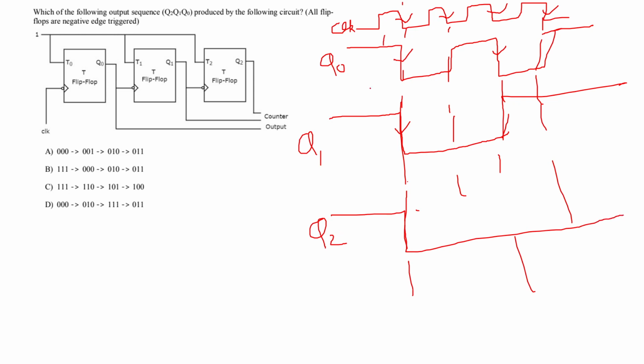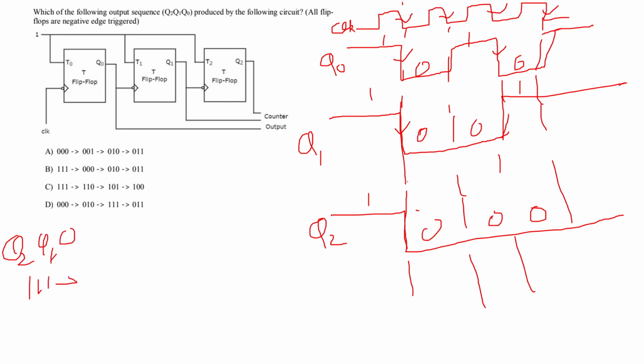So this is 1 1 1, this is 0 0 0, this is 1 0 0, and this is 0 1 0. So q2 q1 q0 will start with 1 1 1, then it will go to 0 0 0, then it will go to 0 0 1, and then it will go to 0 1 0.